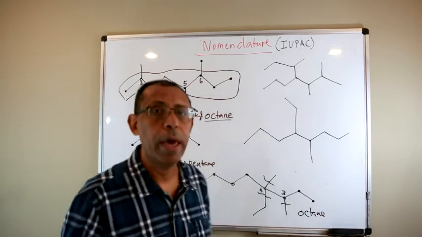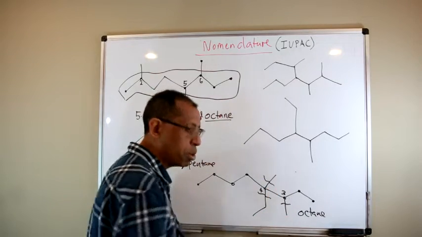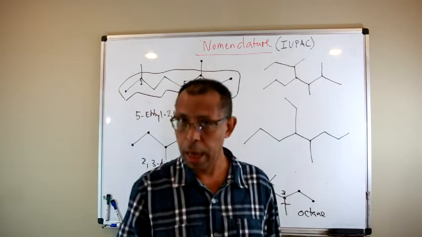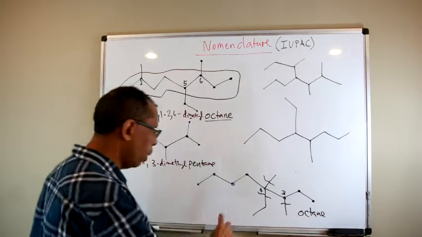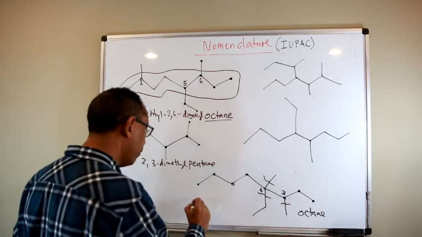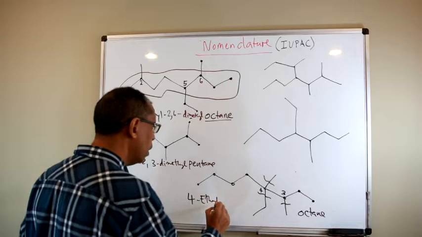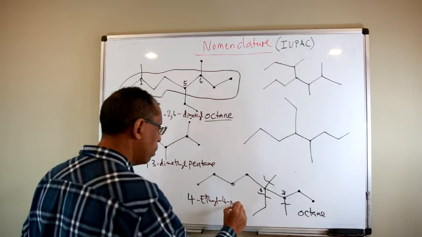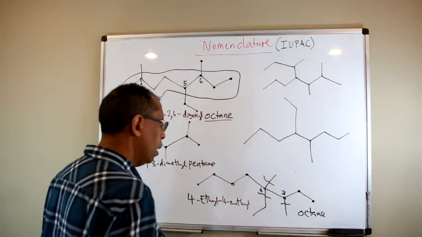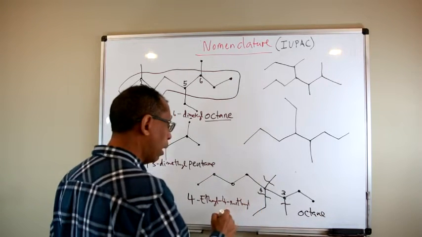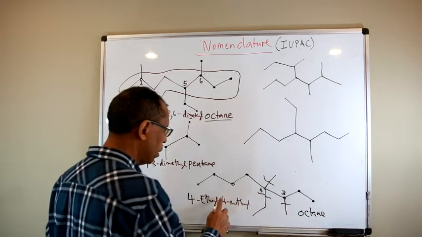I should start with the ethyl substituent, because this is a methyl substituent, and this is a methyl substituent. E versus M, alphabetically E comes first. So what I would have would be 4-ethyl, 4-methyl again, because at the same position I have methyl, and at 3 I would have a 3-methyl, dimethyl.